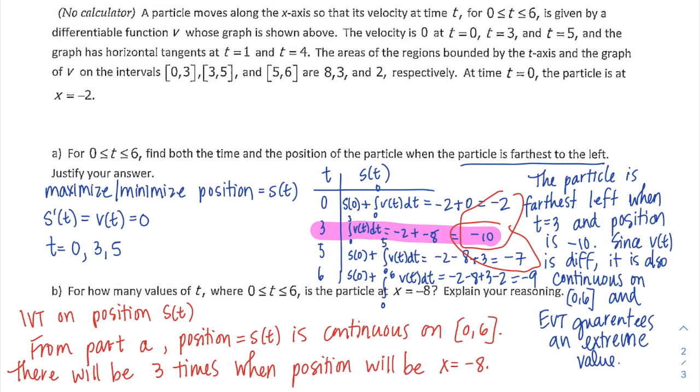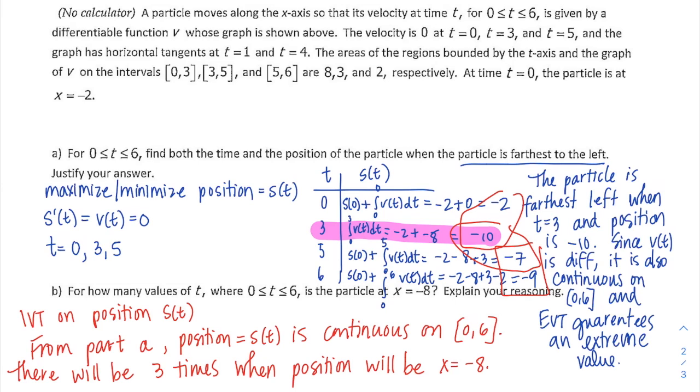Between negative 10 and negative 7 is the interval 3 to 5. Again, it crosses over negative 8 in that spot. And last but not least, notice that between negative 7 and negative 9 also crosses at negative 8. So here's what we're going to say again.